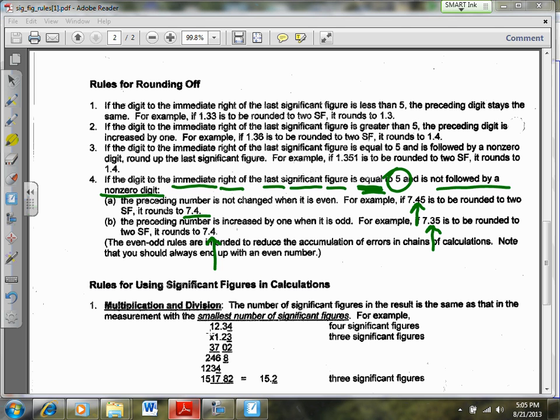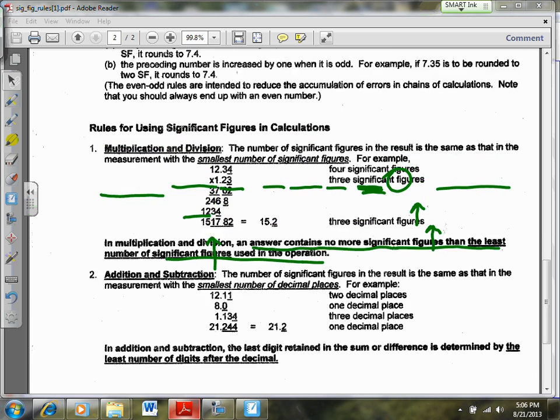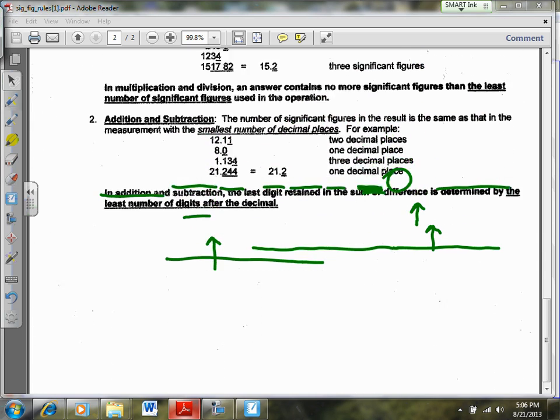And the even-odd rules are intended to reduce the accumulation of errors in chains of calculations. Okay? Note that you should always end up with an even number with these rounding rules. Now, that only refers to the number immediately adjacent to a 5.